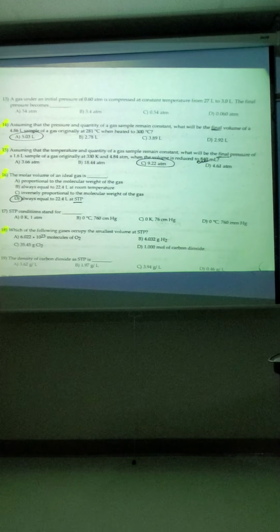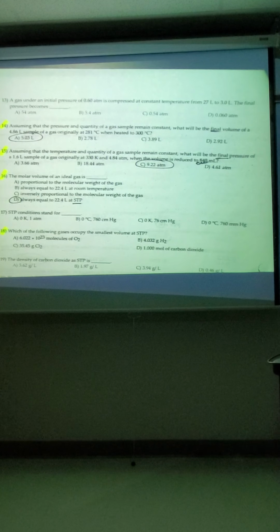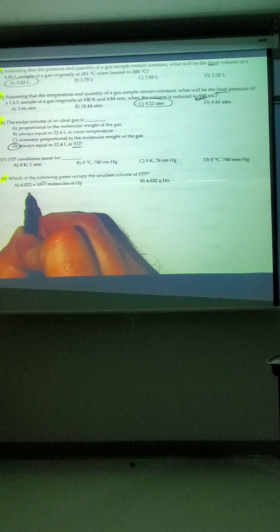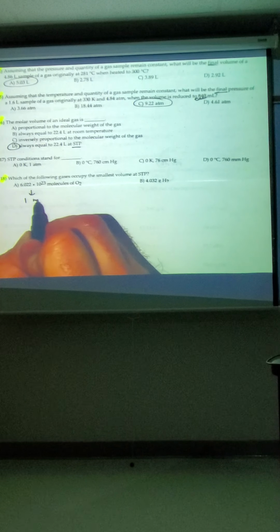So in 18, it says which of them have the smallest volume at STP. These are definition based, but I can walk you through what they mean. So here with Avogadro's number, this is equal to 1 mole, and 1 mole equals 22.4 liters at STP. So A is 1 mole.